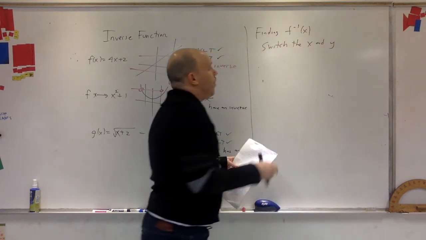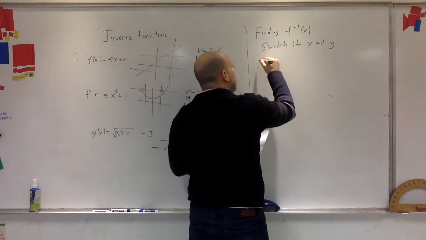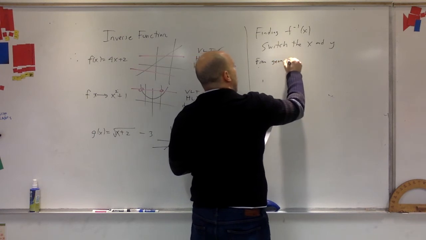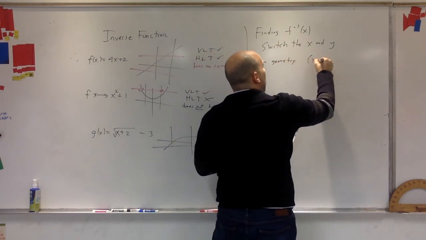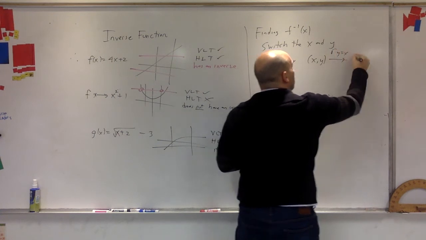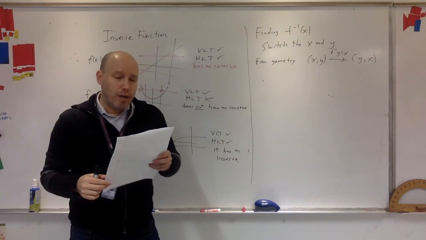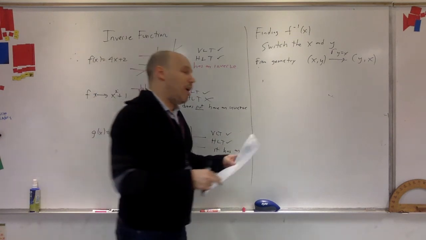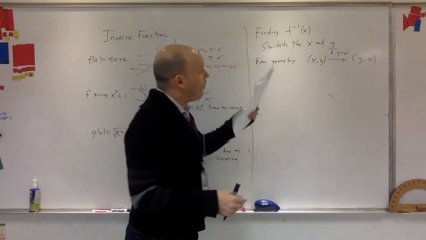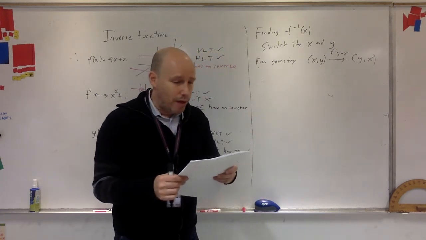This is kind of interesting, from geometry, when you take a point and reflect it over the line y equals x, the image is (y, x). So what you're going to see is that a function and its inverse are like reflections over the line y equals x.